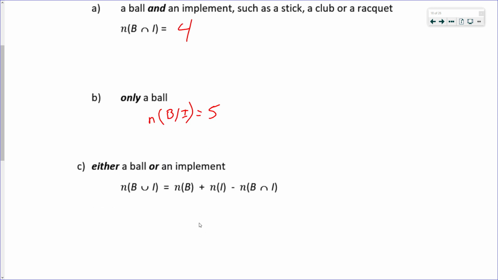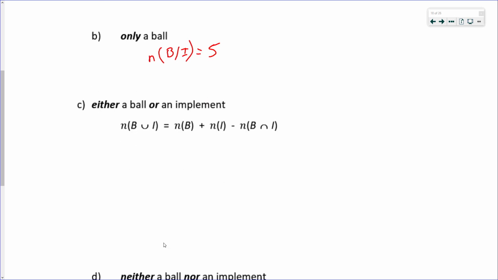And then it's either a ball or an implement. So this is the principle of inclusion and exclusion. So if I take everything in B and everything in I, that means I've accidentally done the overlap twice. So I take everything in B, everything in I, and I minus the overlap once, and that tells me how much I have.